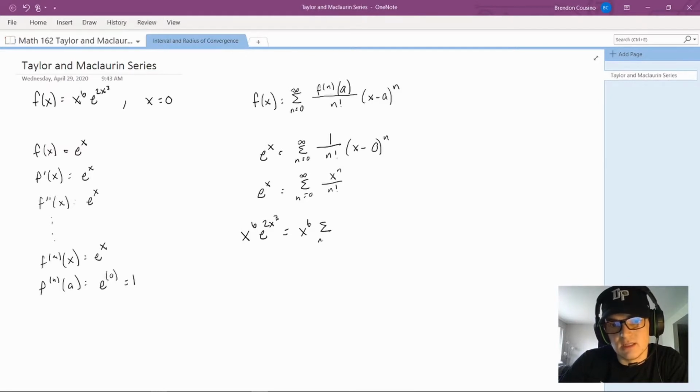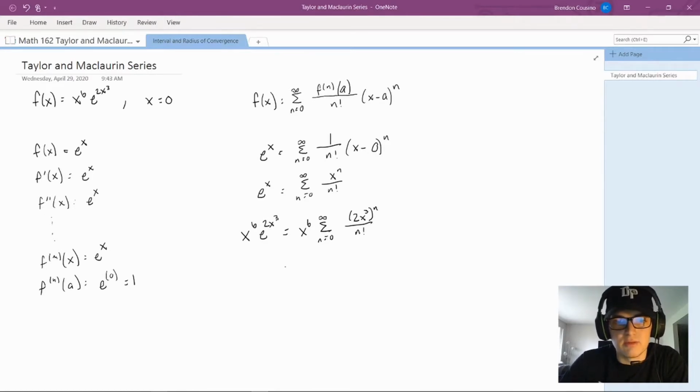The summation as n is equal to 0 to infinity of, now in our exponent, where it was just x before, we have 2x cubed to the n over n factorial.